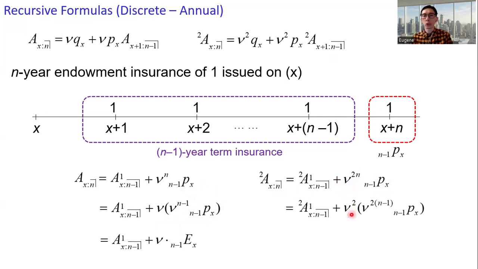Factor this as nu squared times nu to the power 2 times n-1, and then times n-1 p x. The expression in the bracket is the second moment of the n-1 year period endowment. And we have this second set of the recursive formulas.